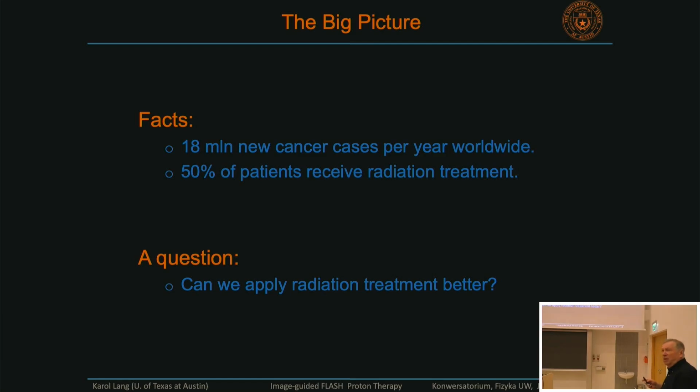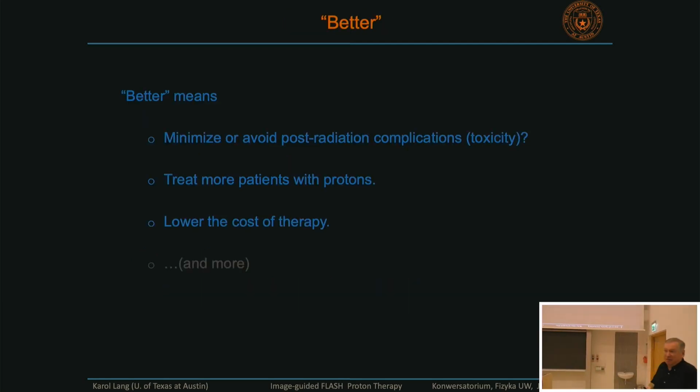There are two sober facts: 18 million new cancer cases per year happen worldwide, and 50% of patients receive radiation treatment. The question is, can we apply radiation treatment better? Now, what does better mean? Better can mean minimizing or avoiding post-radiation complications, usually referred to as toxicity.